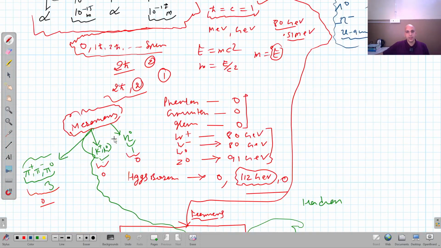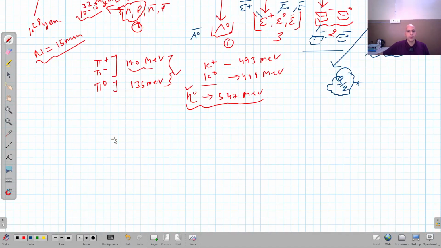Now I am coming to some important properties, or we can say quantum numbers, of these elementary particles. We know very well that in atomic physics we come across 4 quantum numbers.